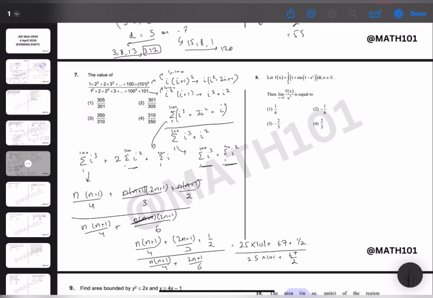This is 2592.5 upon 2525 plus 33.5, which is 2558.5.